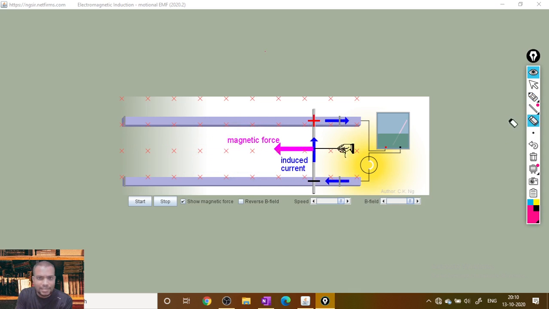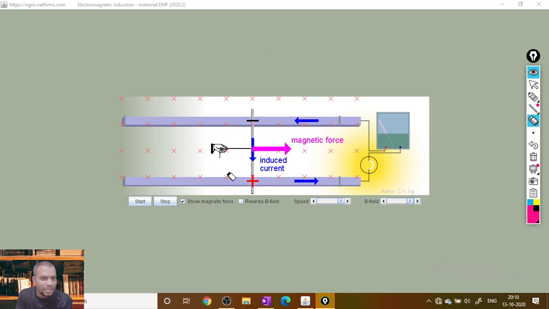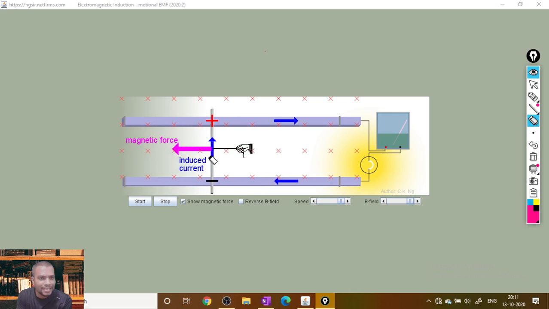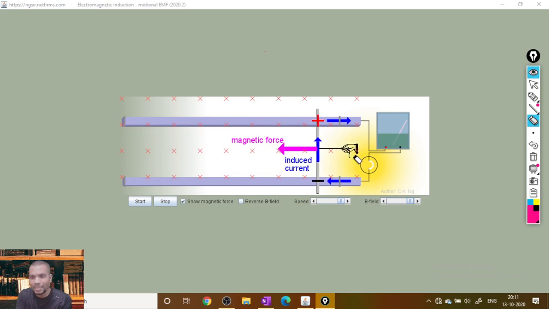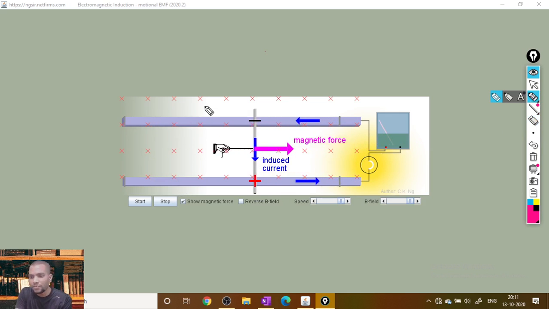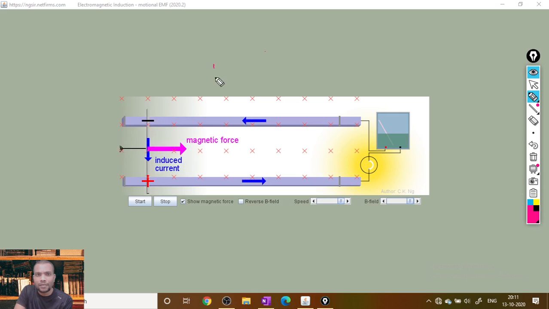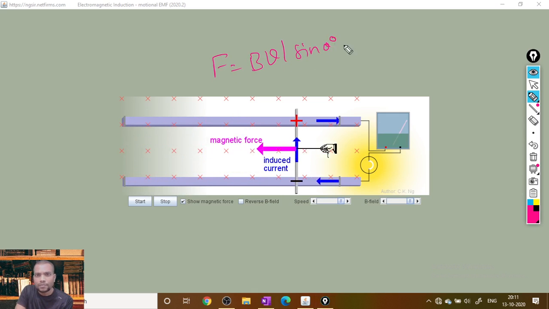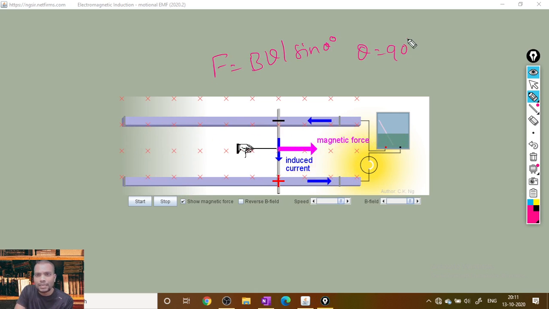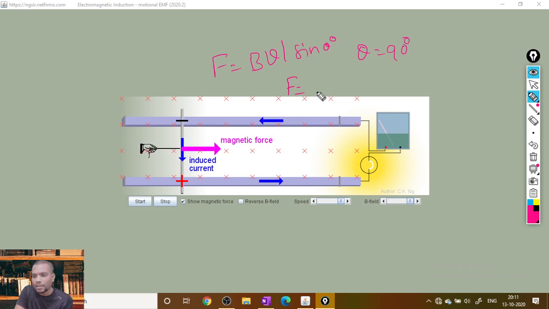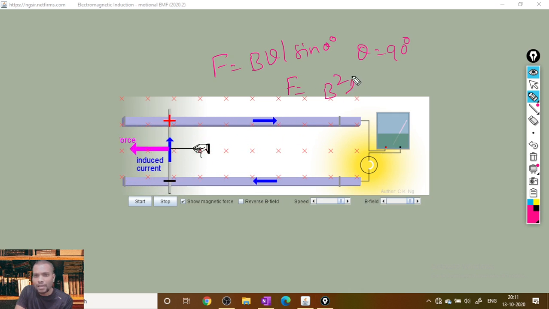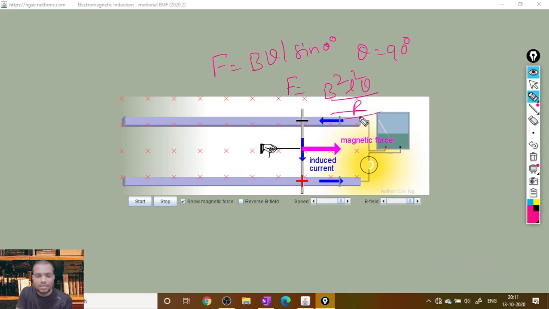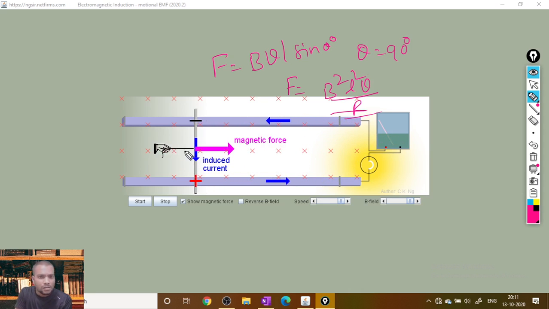As a conclusion, whenever you apply a force on the moving arm in the right side direction, there is a force which comes into action. That force is known as magnetic force. The expression for the magnetic force we derived is F equals BVL sine theta, where theta equals 90 degrees. From the above derivation we got B squared L squared V upon R. This is the force acting on the movable arm.